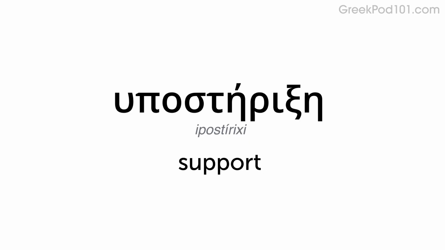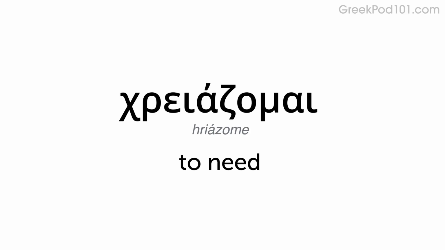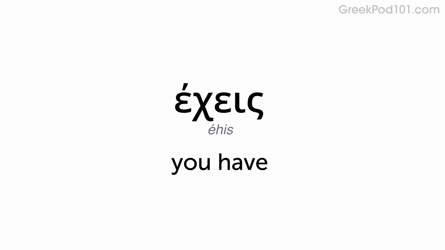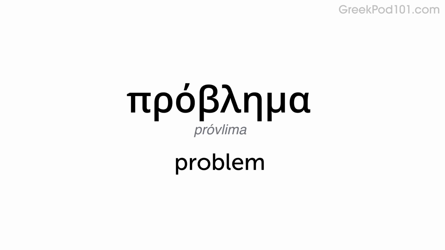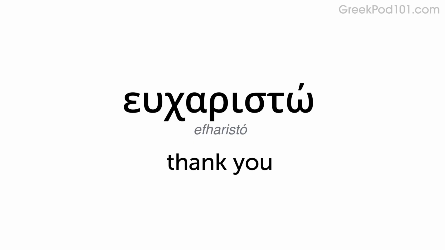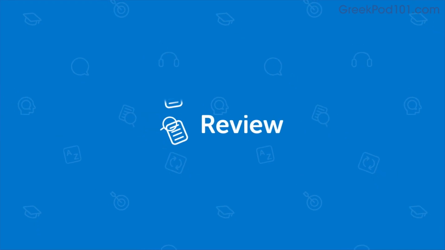Υποστήριξη. Support. Χρειάζομαι. To need. Έχεις. You have. Κάποιο. Some. Any. Πρόβλημα. Problem. Ευχαριστώ. Thank you. Finally, let's review the dialogue again. See if you can understand more this time.